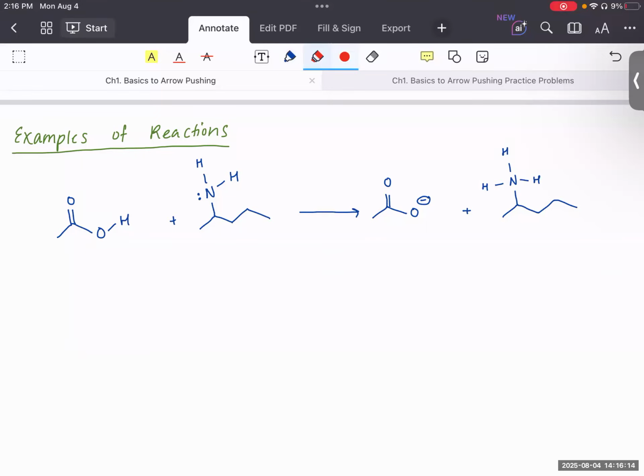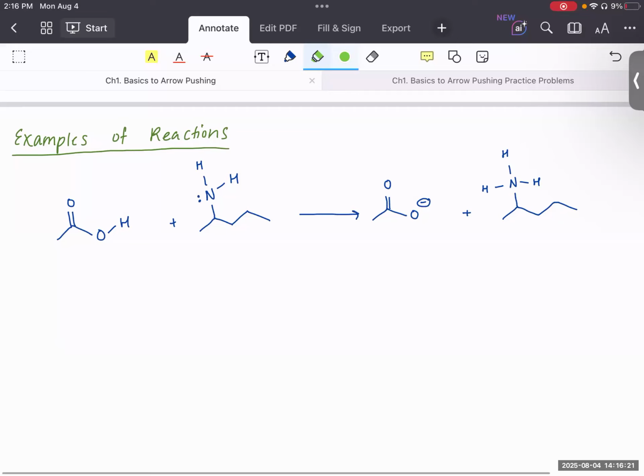And so to understand what arrows we need to draw, first we have to identify what bonds were formed or broken. And so we can see that this oxygen-hydrogen bond was broken because we ended up with just this oxygen by itself, which has 3 lone pairs right here. And we initially had 2. And so those green electrons from the bond went to the oxygen.